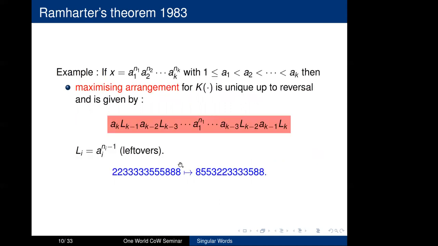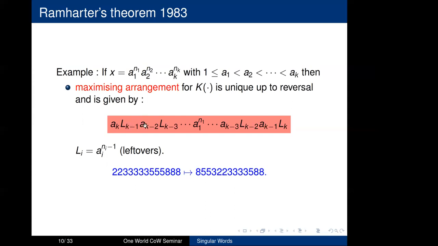So let me illustrate this with an example. Say I have my word X here like before. So here's the formula for the maximizing arrangement. You take the largest positive integer AK and you put it here. And if you have any leftover AKs, meaning if NK is bigger than 1, then you put it here at the end. Then starting from the right-hand side, you put the next largest integer here, and the leftovers go here.